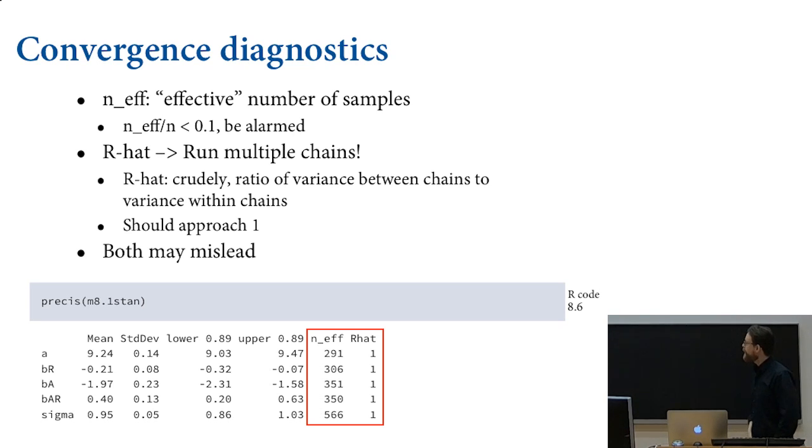Typically, it's high, and then you might say, well, how many effective samples do you need to make inference? Well, the central limit theorem saves our bacon again. How many samples do you need before you know the mean of a distribution? And the answer is like 20. So if you have 200 effective samples, you know a lot about a parameter. You don't need 10,000 samples.